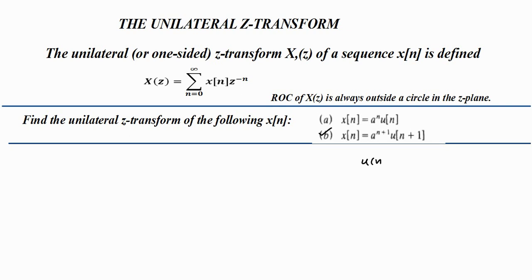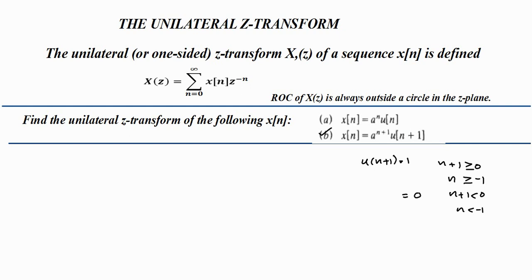Here u of n plus 1 is equal to 1 for n plus 1 greater than or equal to 0, which means n is greater than or equal to minus 1, and 0 for n plus 1 less than 0, which becomes n less than minus 1.